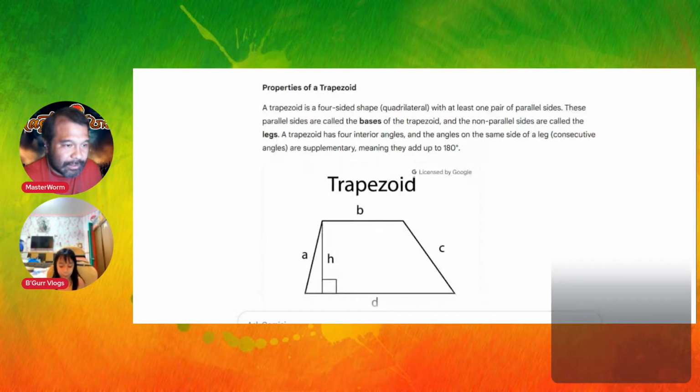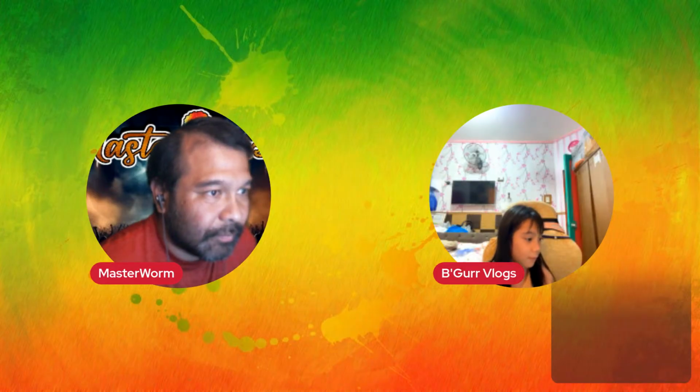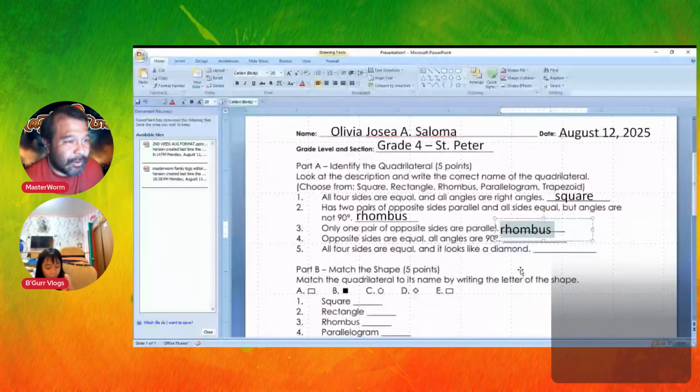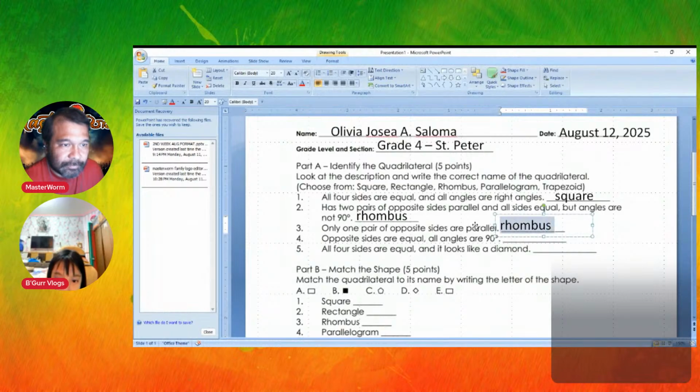So let's put the answer here: trapezoid.